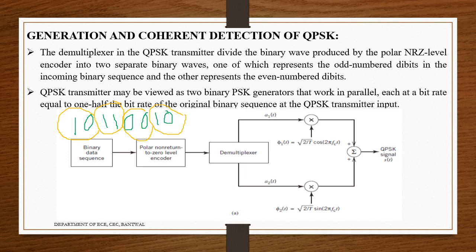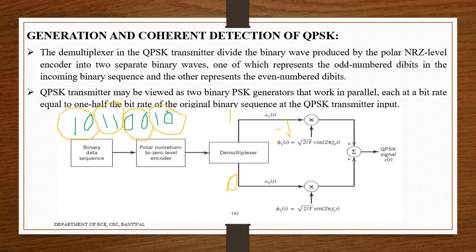So what is happening here? First I'll consider 1 0. This is multiplied with the in-phase component, that is cos 2 pi fc t, then 0 with sin 2 pi fc t, and these are added. Together it is getting multiplied by square root of E by 2, and if it is 0, it is multiplied by minus.